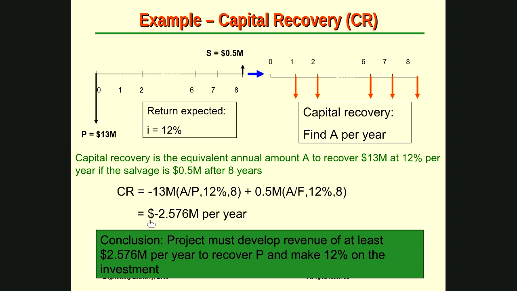How much I need to make every year or every month is calculated based on the 13 million I have paid, which is minus already. So when I find it here with a minus, because it is already paid in the initial cost, I have to consider it without the minus. This is the amount needed to recover the initial investment, because the initial investment was minus, not plus. Umar, clear?